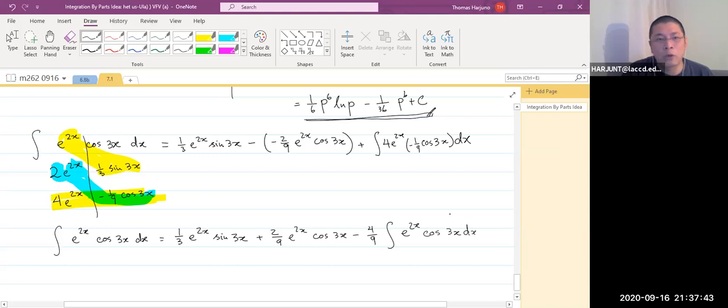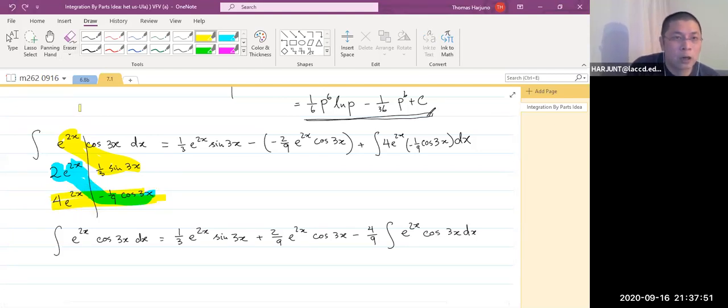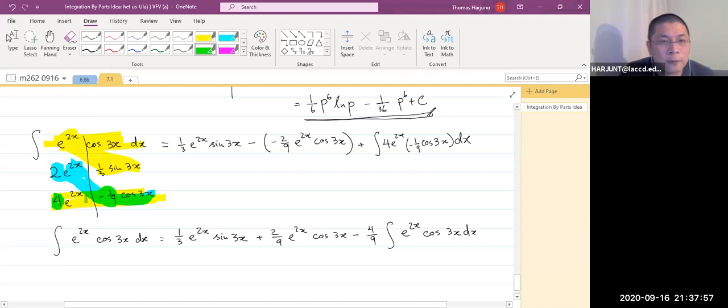Now, why do I stop on the third line here, Thomas? Because on the third line, you actually have your original integration, except that now you have extra coefficients. Do you realize that? This guy times this guy is what you have up here.